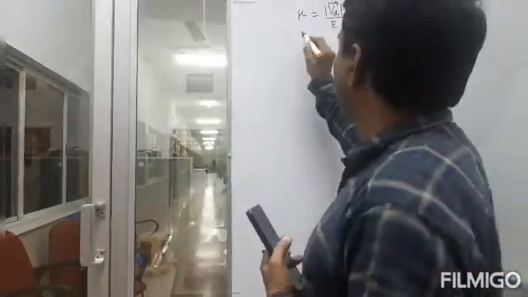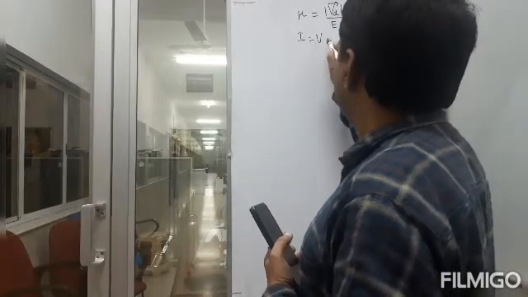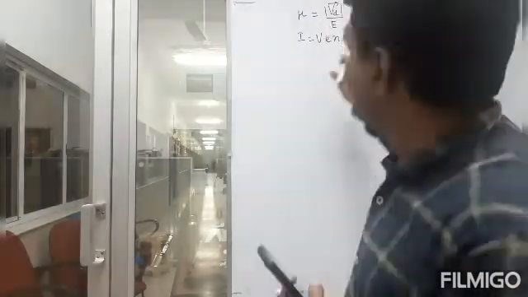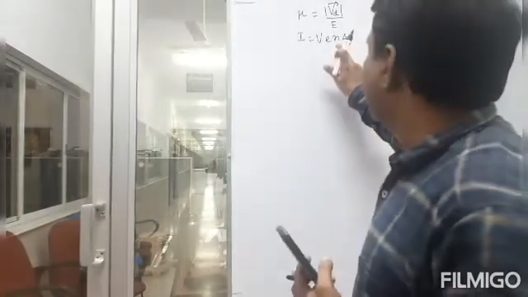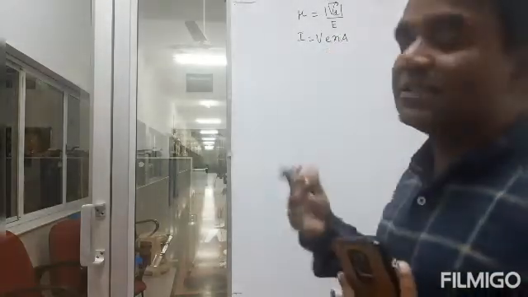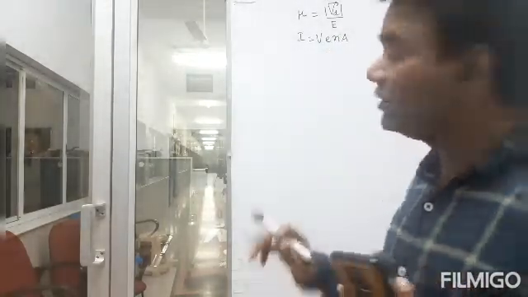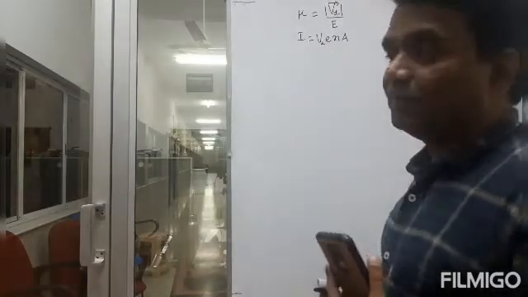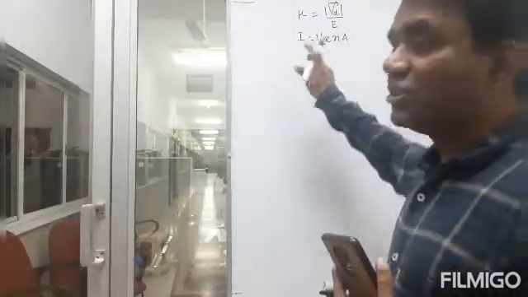And if the current increases, then the drift velocity should increase, because we know that I = nVdeA. A is the cross-sectional area of the conductor, so that's not going to change. And n is the number of free electrons per unit volume of the conducting material, that will not change. e is the charge on the electron, that will also not change. So the only thing that can change is the drift velocity Vd when current changes in the conductor.